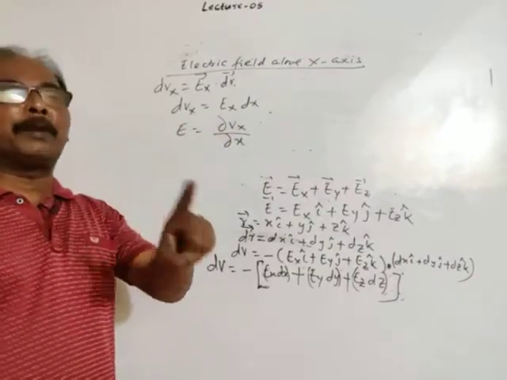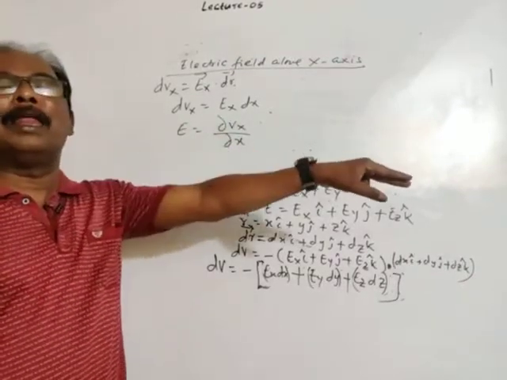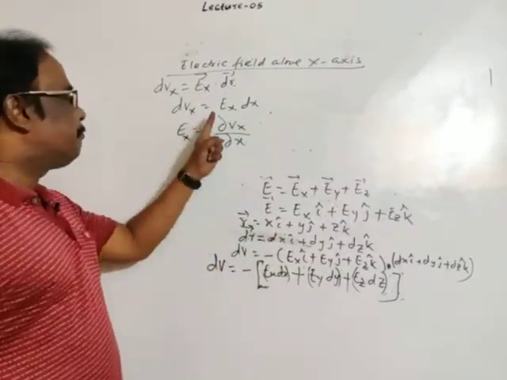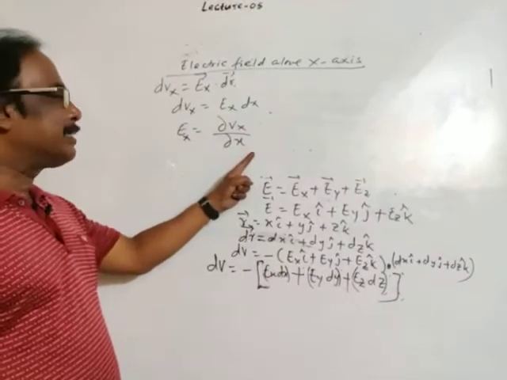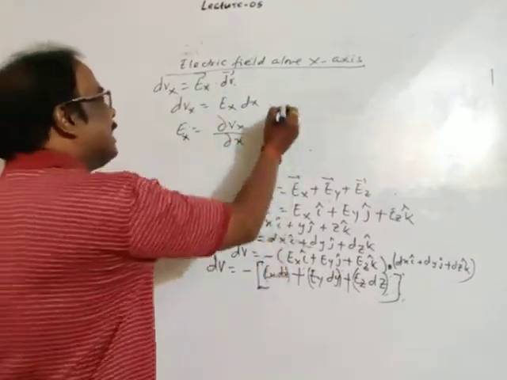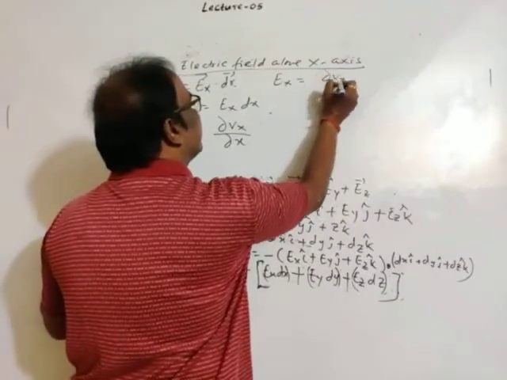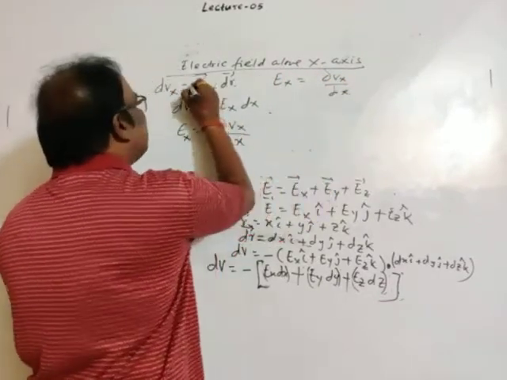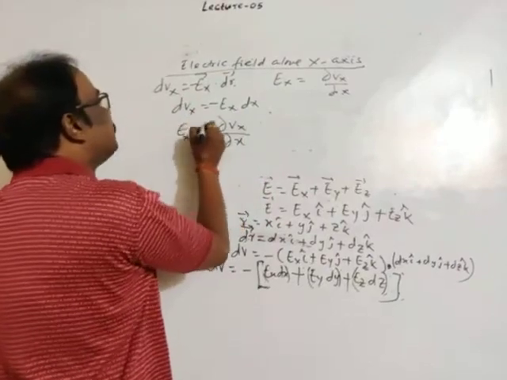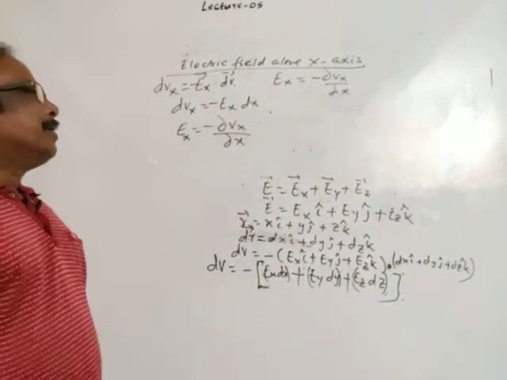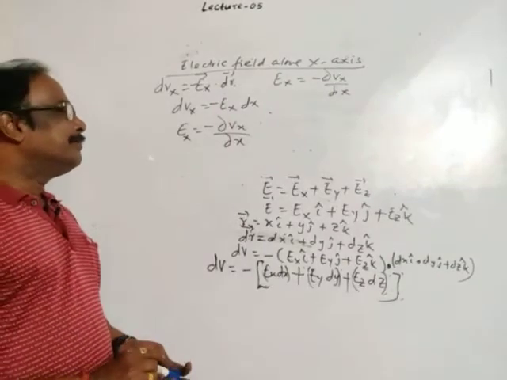We need the electric field only and only along the x-axis. So the electric field along the x-axis is the partial differentiation of potential along the x-axis, and this is the concept. So the electric field is, again this is minus, minus dVx by dx.